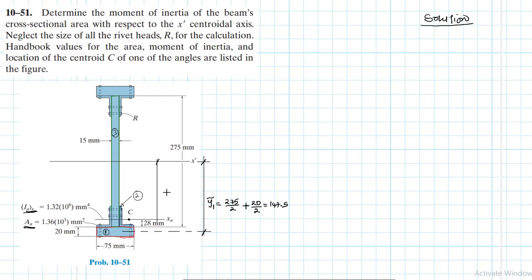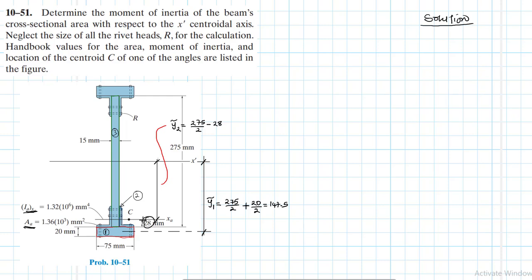And then this one is y centroid 2, which is equal to half the length of the web, which is 275 divided by 2, and then minus 28, right?